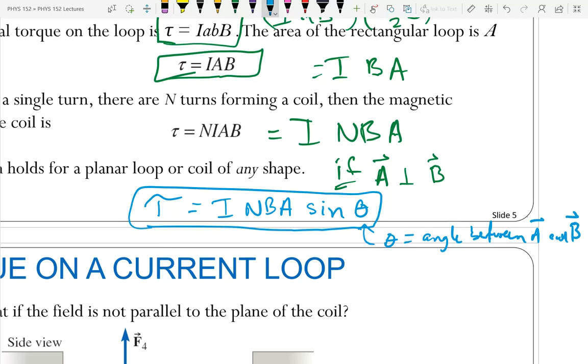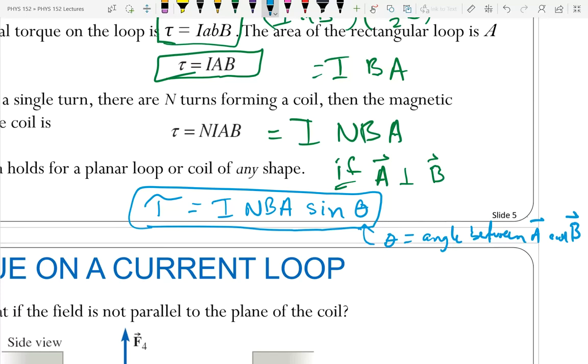So now remember, sine theta will go between +1 and -1. The +1 and -1 is going to indicate, plus and minus will indicate directions. So if I make it go in a full circle, half of that circle is going to have a positive torque, half the circle a negative torque.